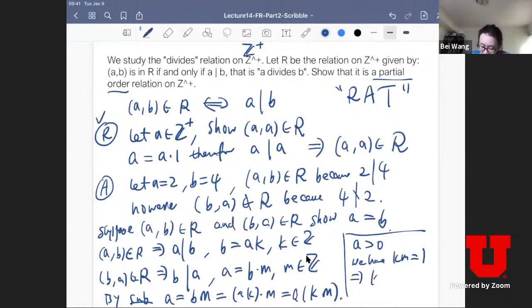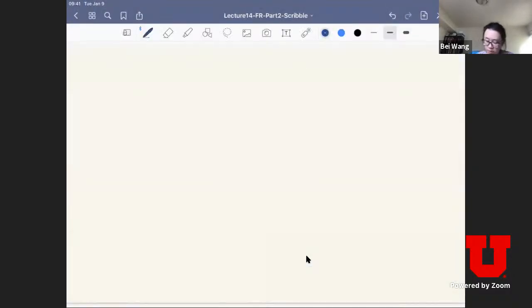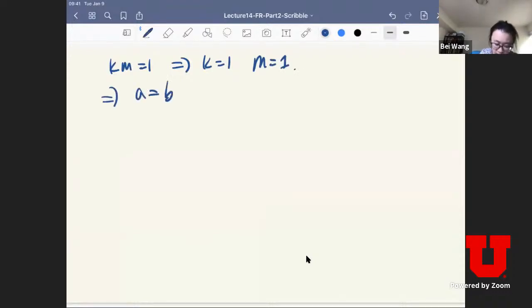Let's add another page. So KM equal to 1 implies K is equal to 1 and M is equal to 1. So this implies A is equal to B. So that is a proof for the relation being antisymmetric.